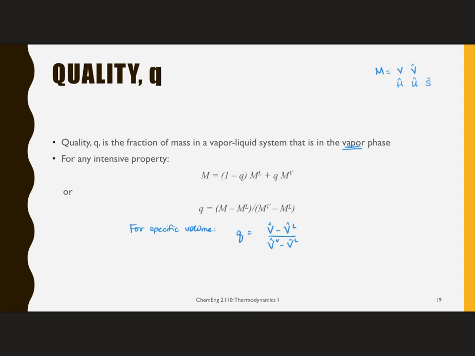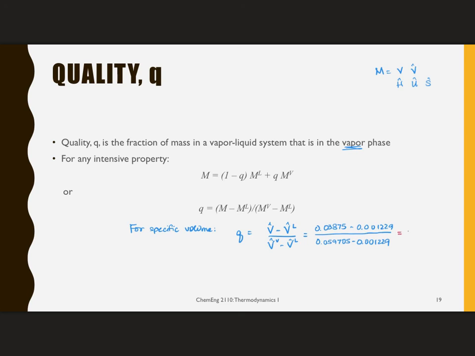If we were to apply that to this particular problem using the numbers from the previous screen, we have 0.03875 minus 0.001229 meters cubed per kilogram, all over 0.059705 minus 0.001229 meters cubed per kilogram. Meters cubed per kilogram over meters cubed per kilogram cancels out.